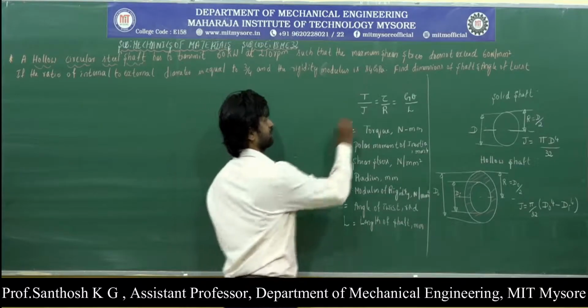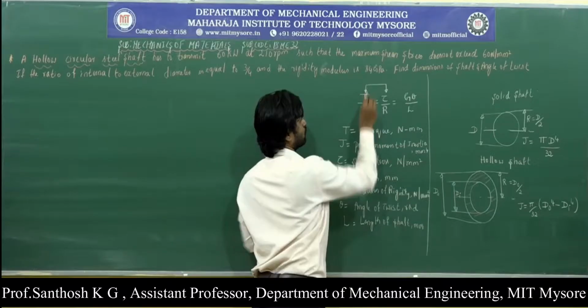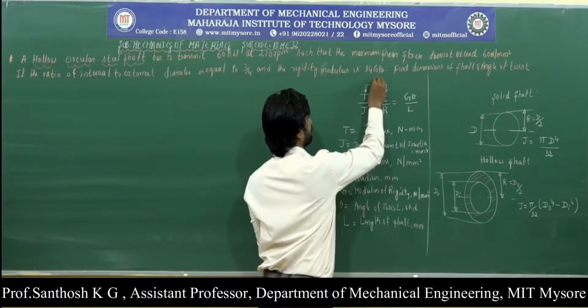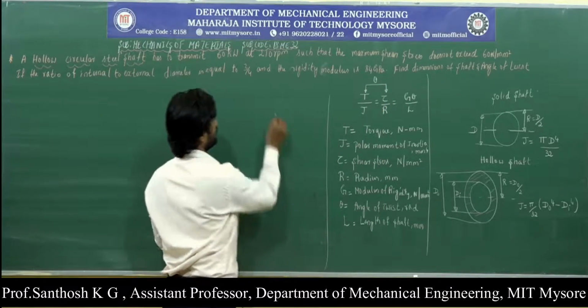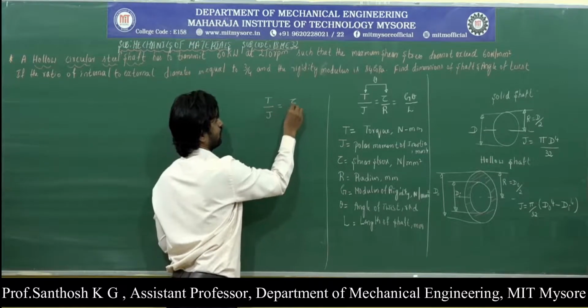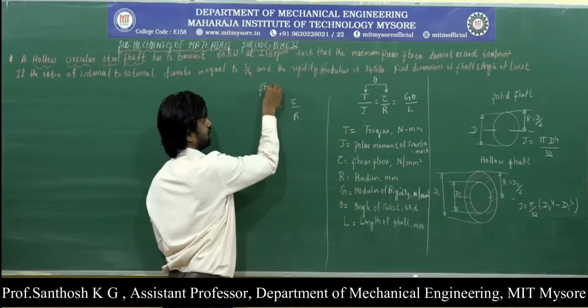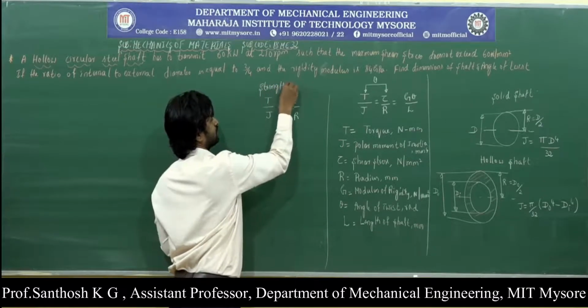So in this equation, if I equate the first term to the second term, then we get T divided by J equals tau by R, and this equation is called the strength equation.